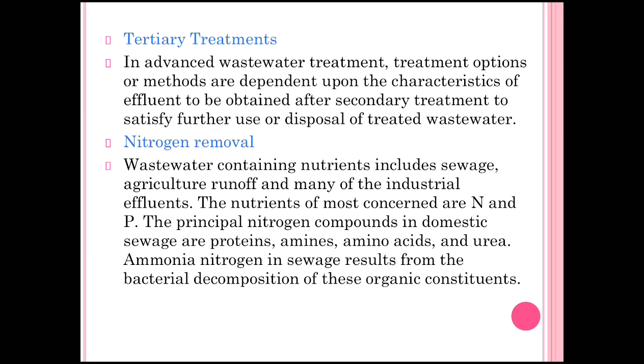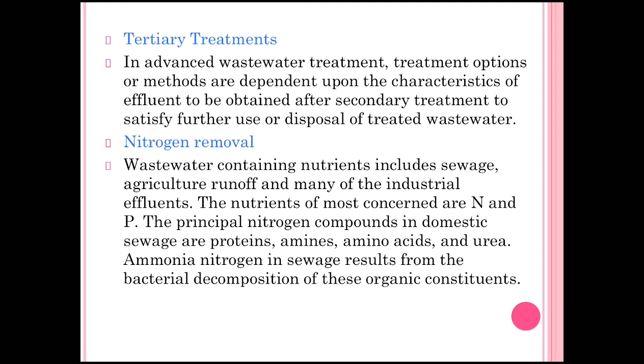In advanced wastewater treatment, the treatment options or methods depend upon the characteristics of the effluent obtained after the secondary treatment, to satisfy the further use of the wastewater; this is called tertiary treatment. The first one is nitrogen removal.